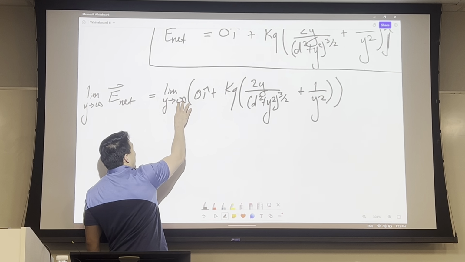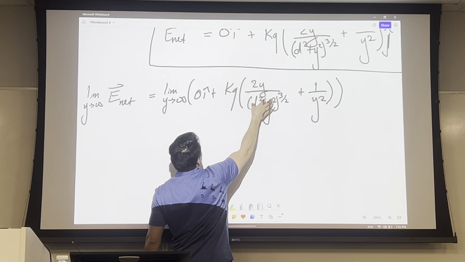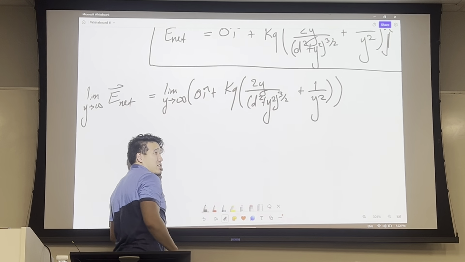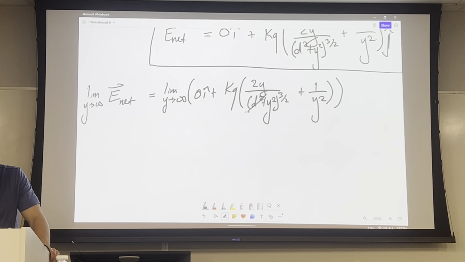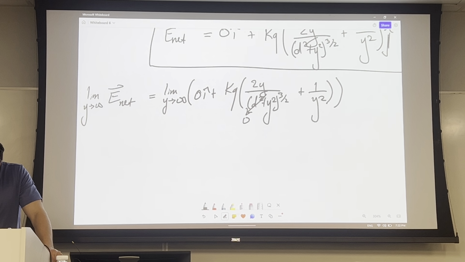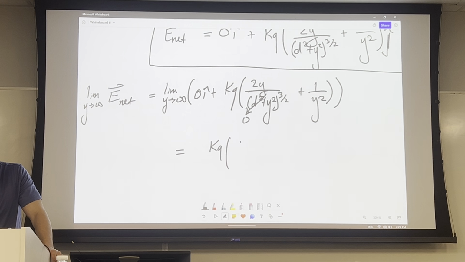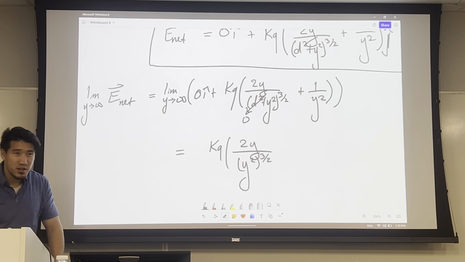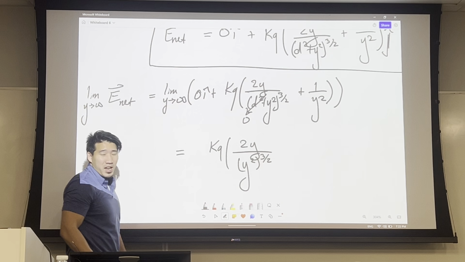When we do these, we're making comparisons wherever we can. We see a parentheses here with the y, and if this goes to infinity, d essentially goes to 0. And so what we're left with is kq times 2y over y squared to the 3/2 power, where the 2's are going to cancel.